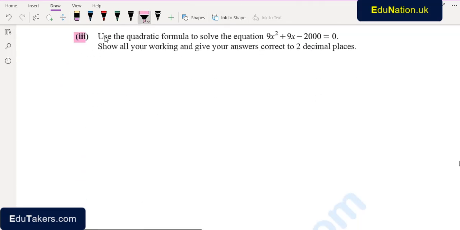Part 3. Use the quadratic formula to solve the equation 9x square plus 9x minus 2000 equals 0. Show all your working and give your answers correct to 2 decimal places.